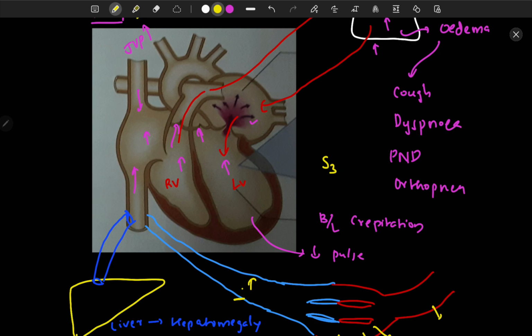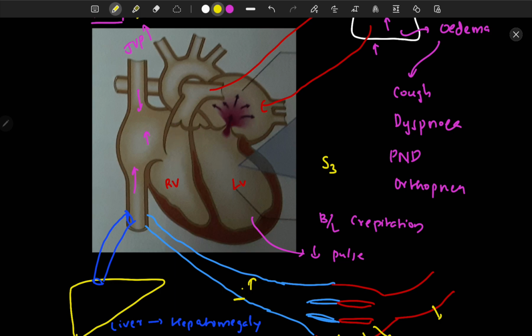It is because the ventricle is overfilled, and during the diastolic phase, more blood is rapidly filled into the left ventricle. That is the rapid filling of the overfilled left ventricle during diastole.